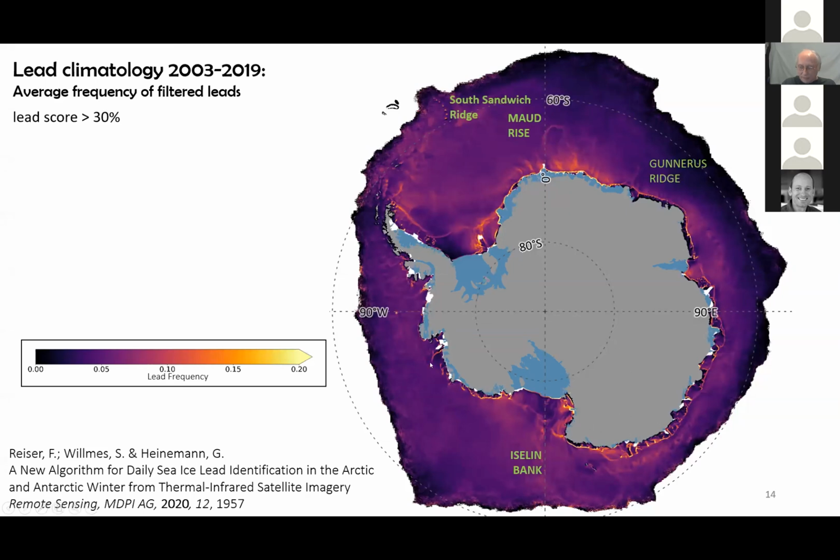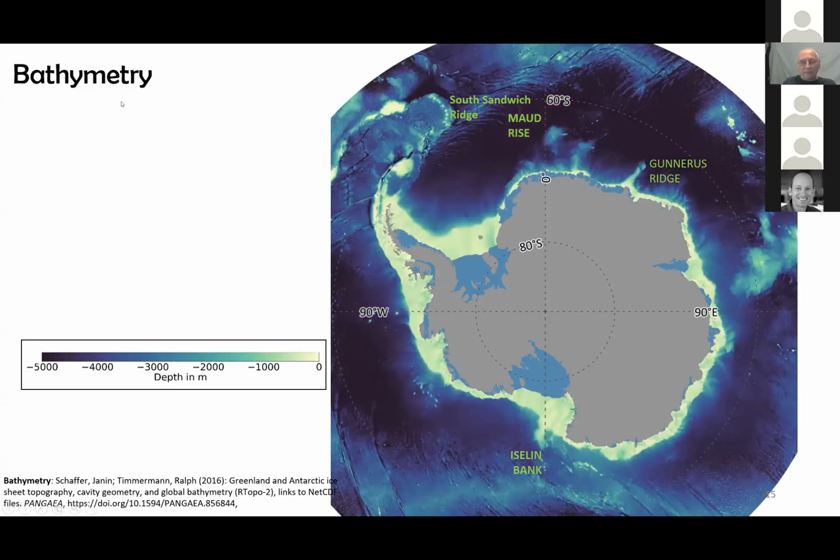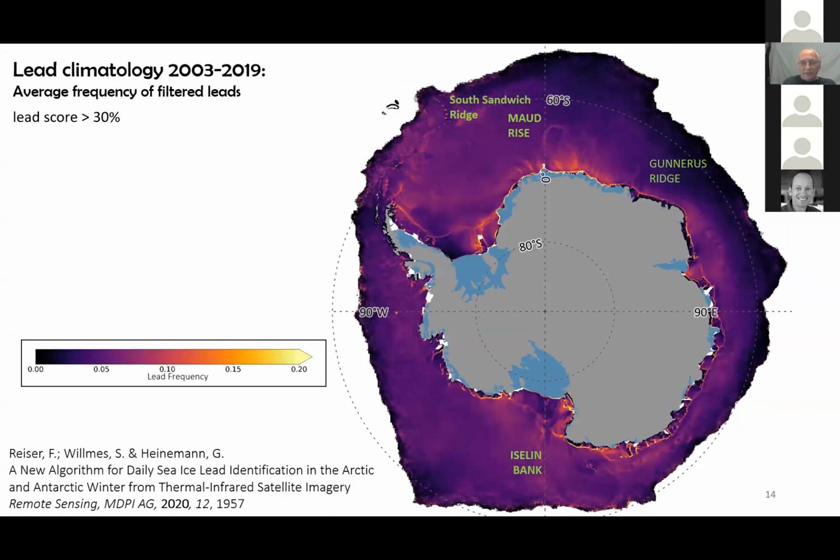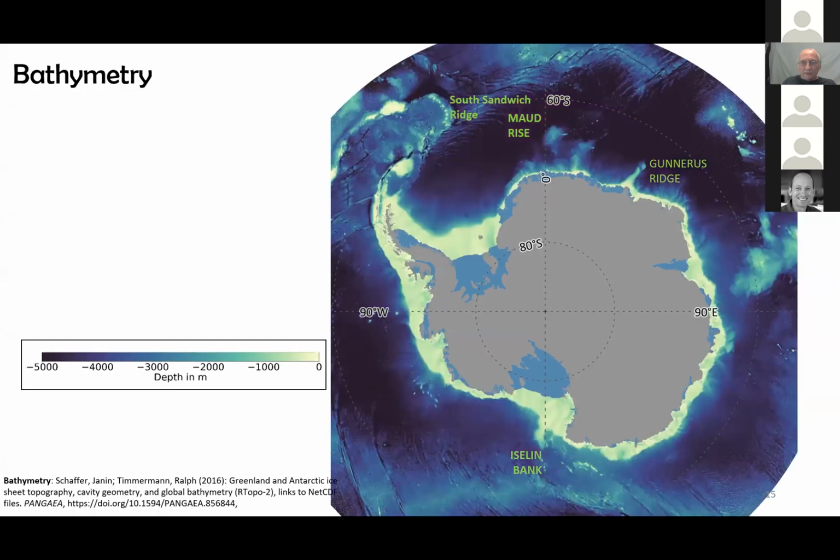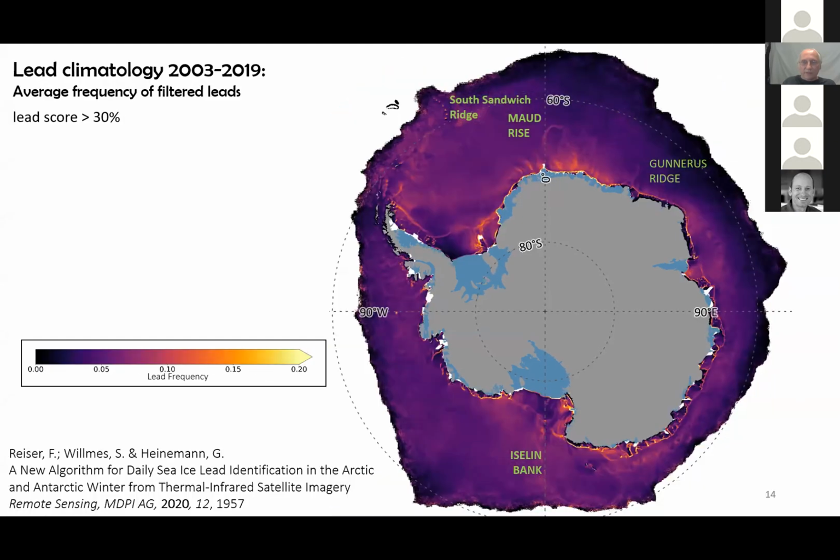And then combining that with the bathymetry here and flipping back and forth, you can see very nicely that we get the high lead frequency, these lines along the shelf break here. So that was quite interesting, that we find a nice relation of the lead frequency with the bathymetry of the ocean.